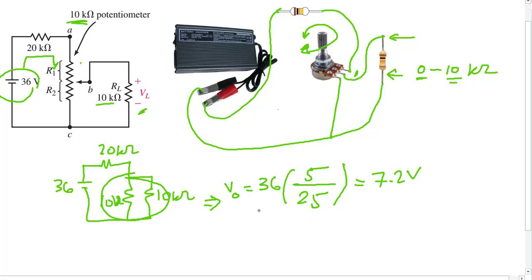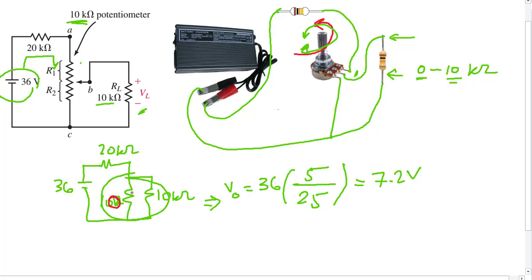On the other hand, if the potentiometer is rotated, let me choose a different color. So if the potentiometer now is rotated in the opposite direction, whatever that direction is, so that this resistance now is 0.